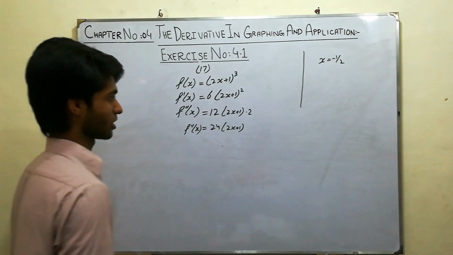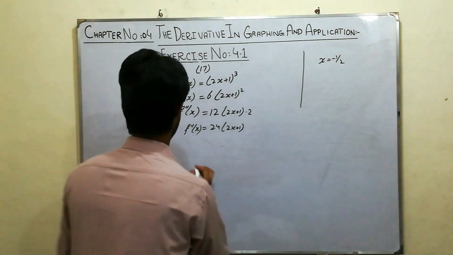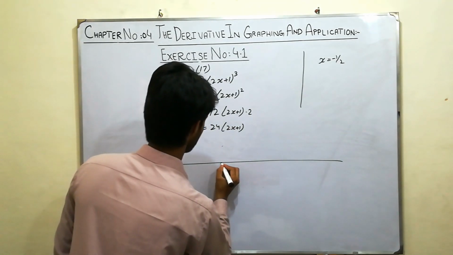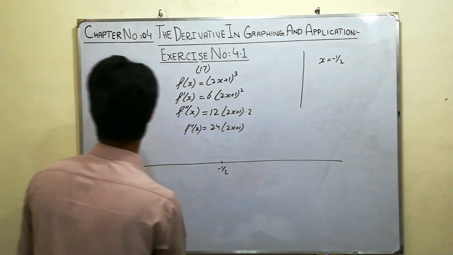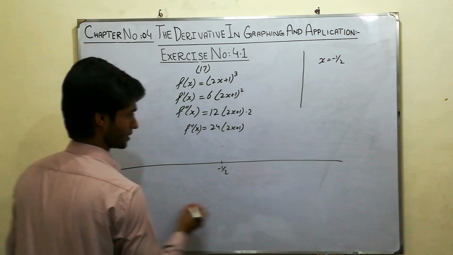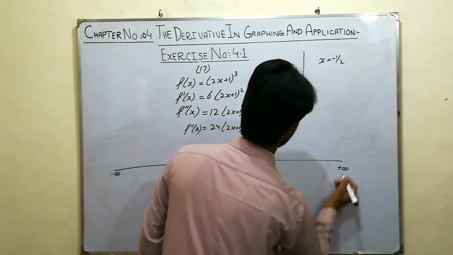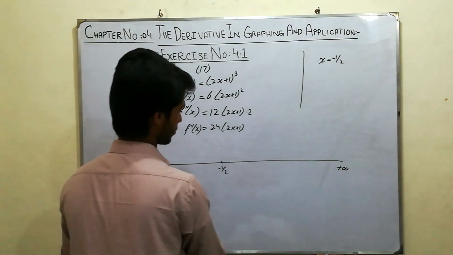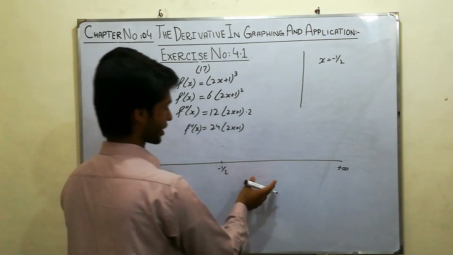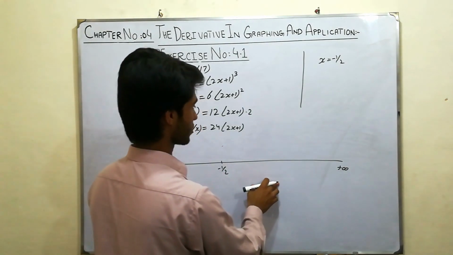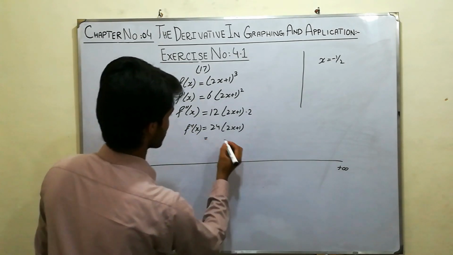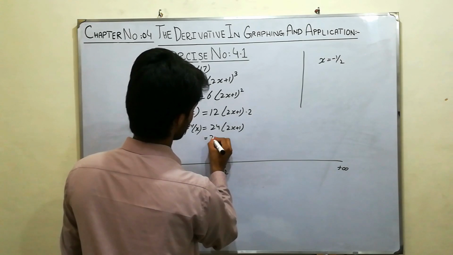If we draw it on a region, we put a value less than minus 1 by 2 and a value greater than minus 1 by 2, let's suppose minus 1.